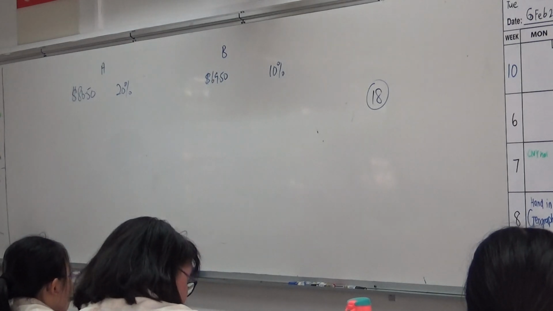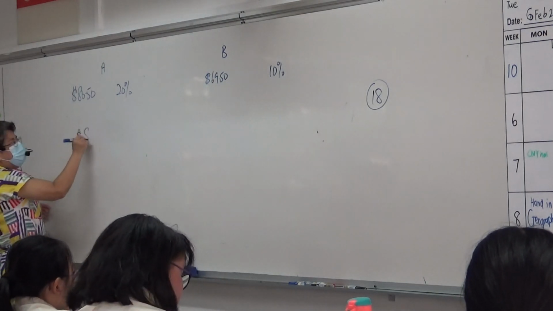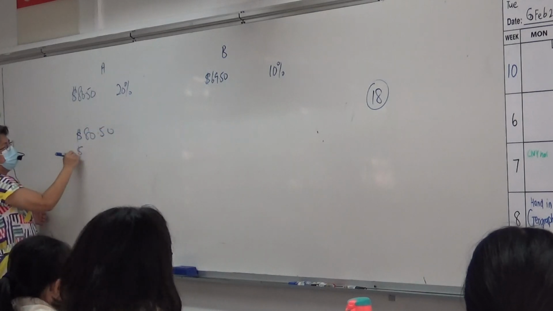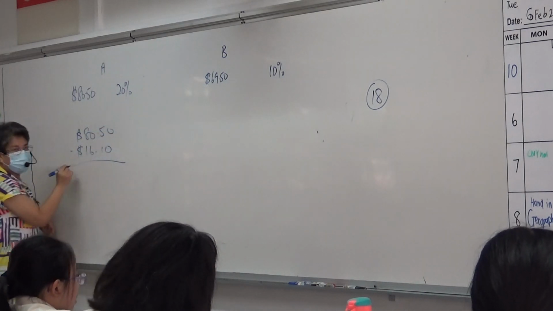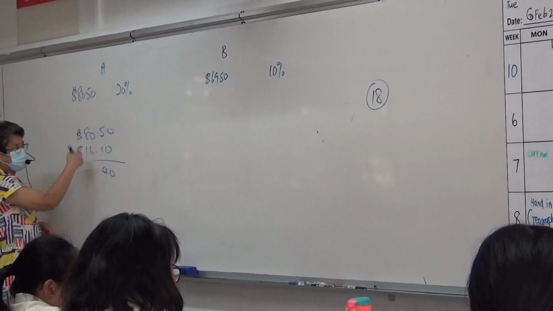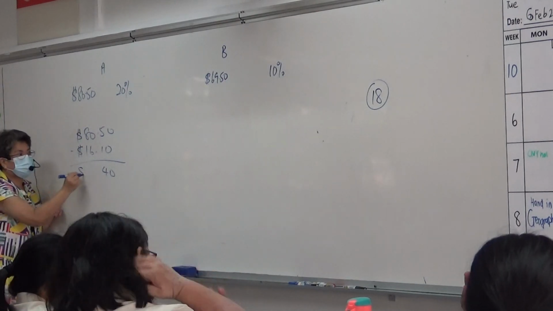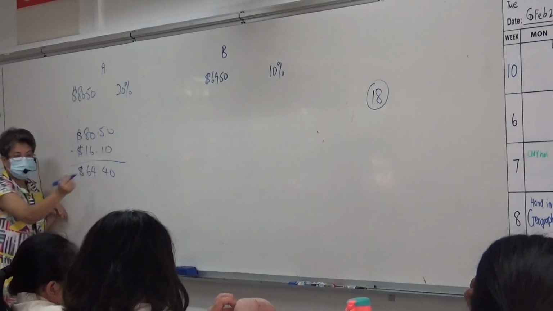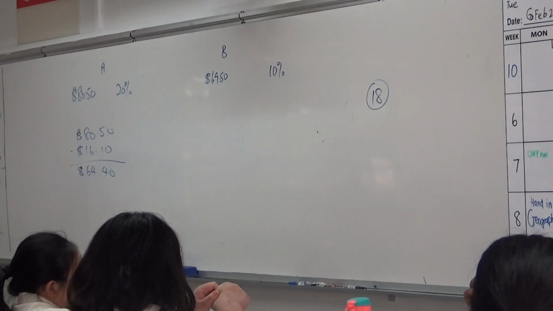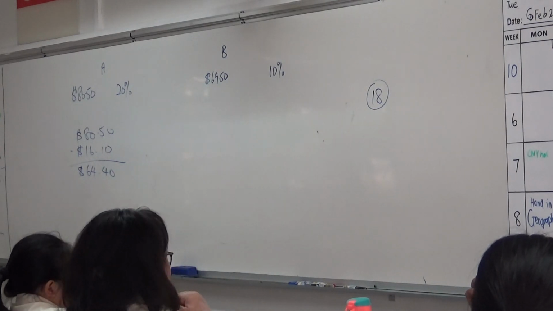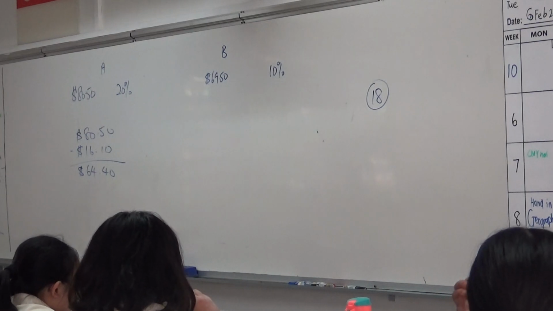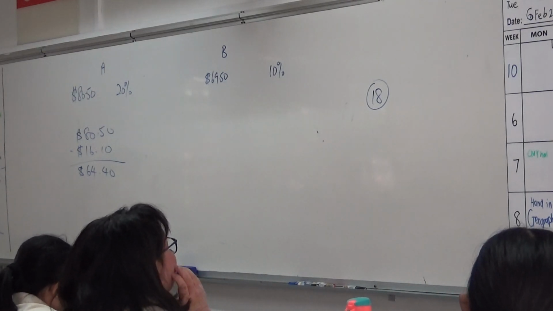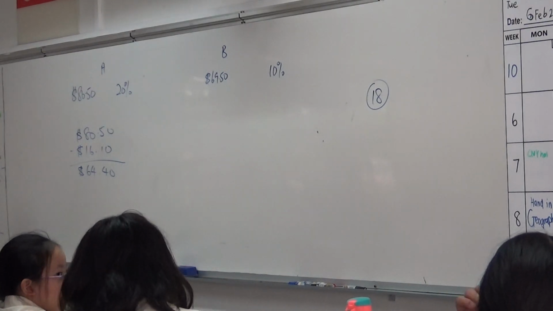Okay, so we didn't use a calculator. We just minus out 1610. What do I get? How much is this? 64.40, right? Is this correct? Yes or no? Okay.